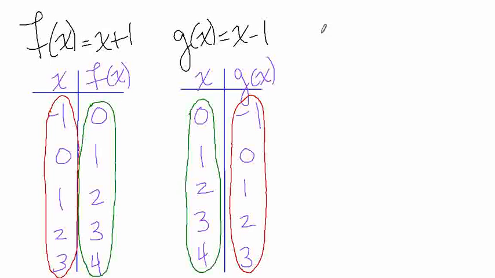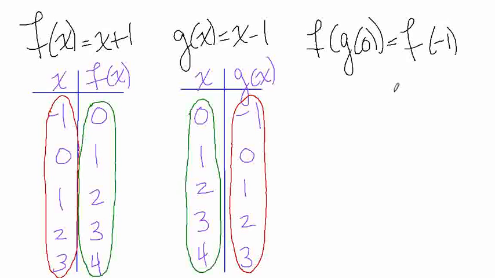For example, let's calculate f of g of 0. To do that, we would first calculate g of 0, which would give us minus 1. And so now we would calculate f of minus 1, and f of minus 1 would give us 0.